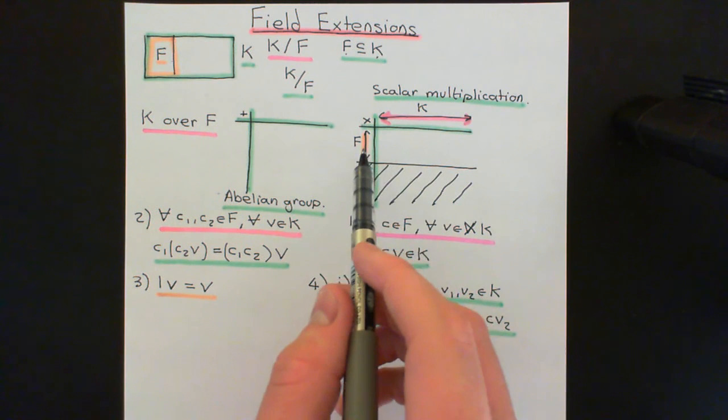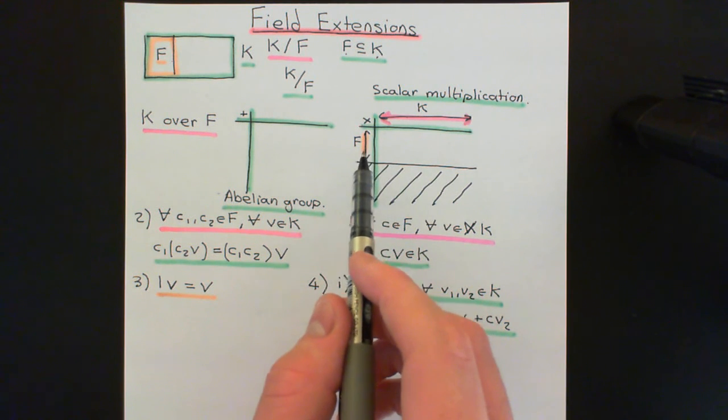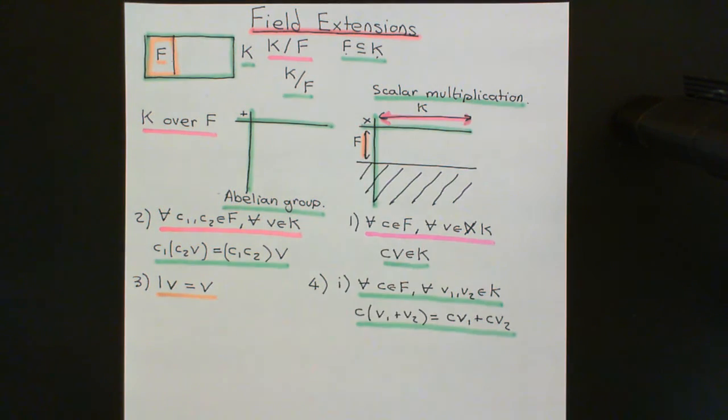We're only interested in an element of the subfield capital F multiplying the larger field extension capital K.